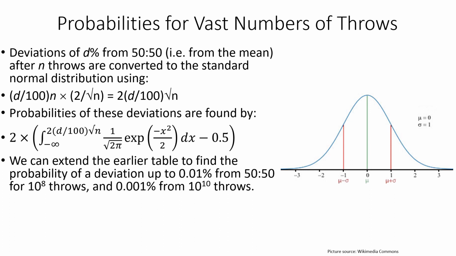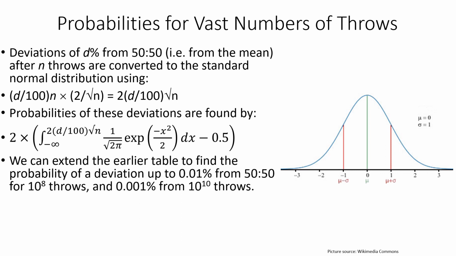This is what this is pointing at, because we're square rooting the n and multiplying it by the d. So if n goes up by 2 orders of magnitude, and d goes down by 1 order of magnitude, it does not affect the value of that limit. That 2d over 100 root n stays the same if n goes up by a factor of 100 and d goes down by a factor of 10.